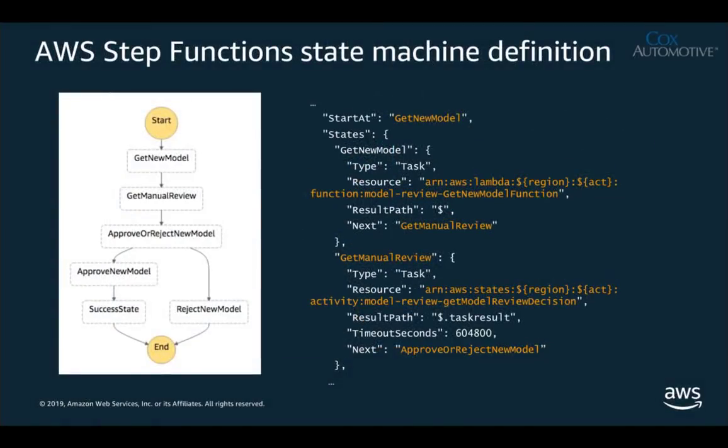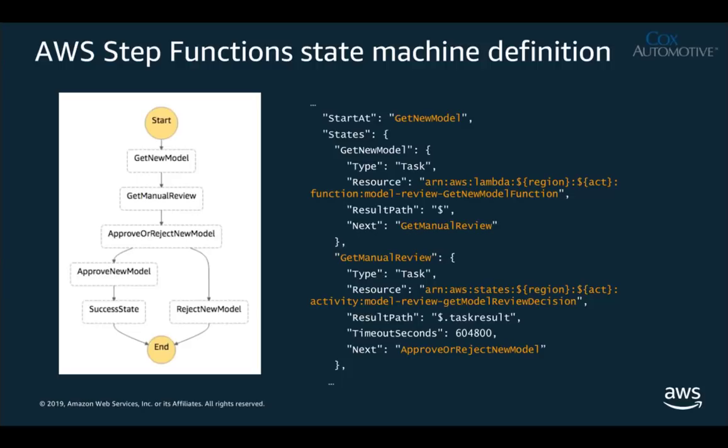So this is what the state machine looks like. It starts and ends, and we'll find the steps that we just talked about. There's a first Lambda function called get new model, the one that is scheduled every 5 minutes and queries the workflow. We have another Lambda function called get manual review, the one that builds the email and sends the email to the data scientist.